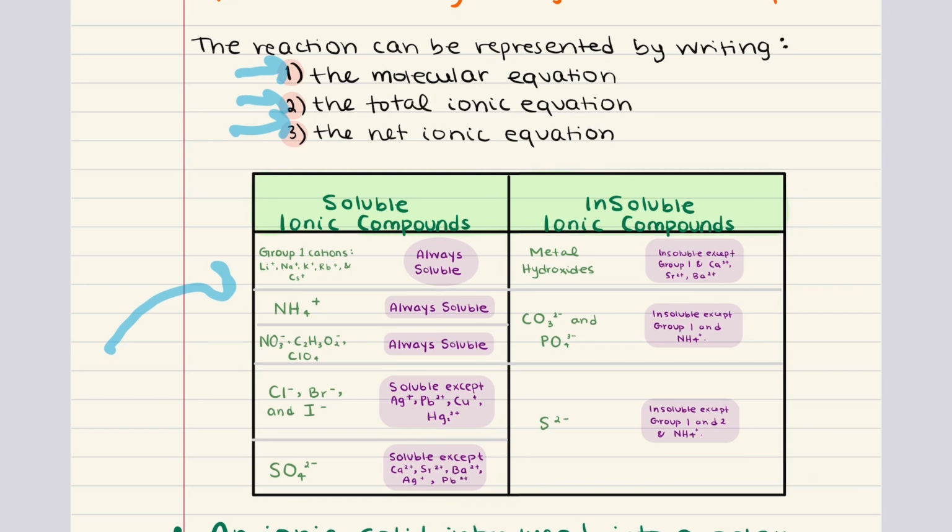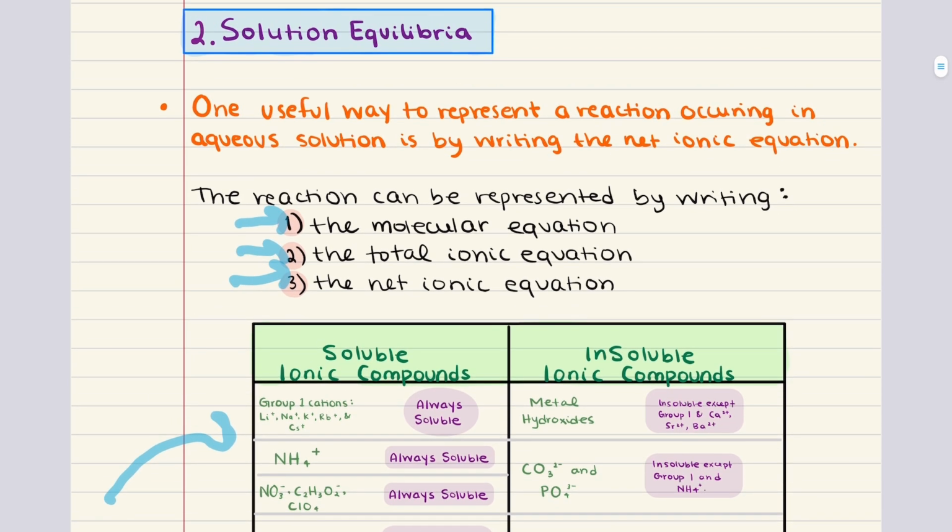Now, net ionic equations are incredibly useful for 3 reasons. First, they focus on the actual chemical change by eliminating spectator ions, and that helps us see which species are actually reacting. Second, they reveal the driving force behind the reaction, whether it's the formation of a precipitate, a gas, or water.